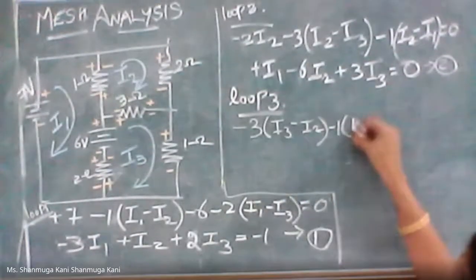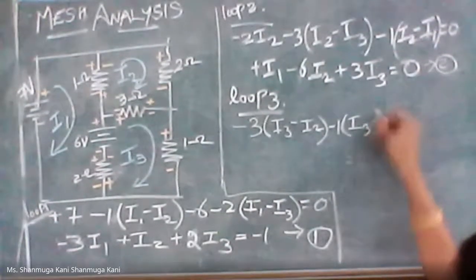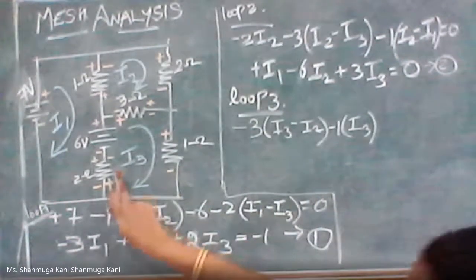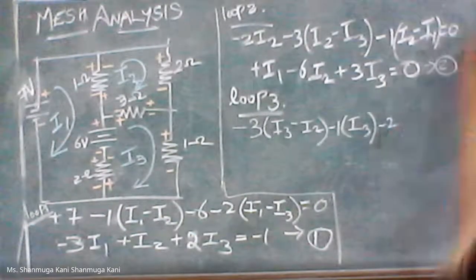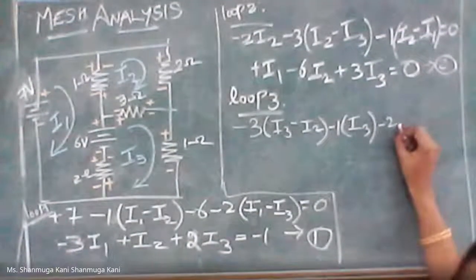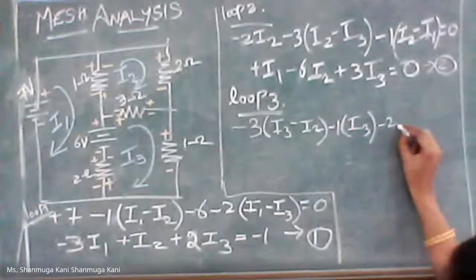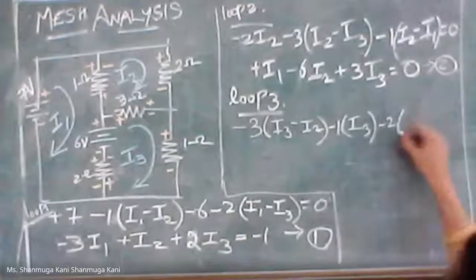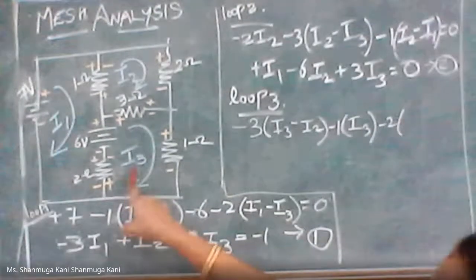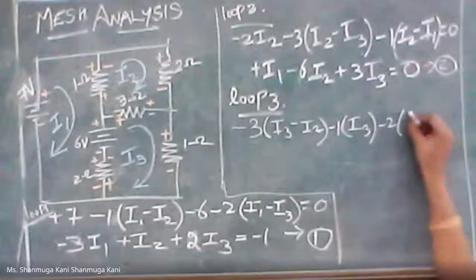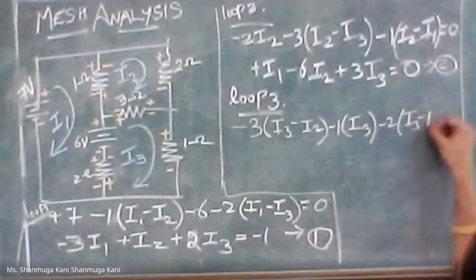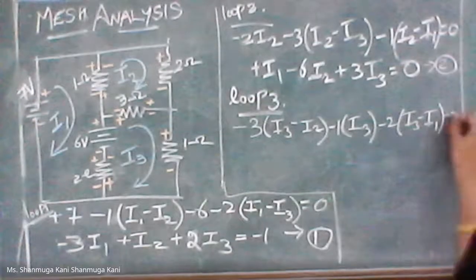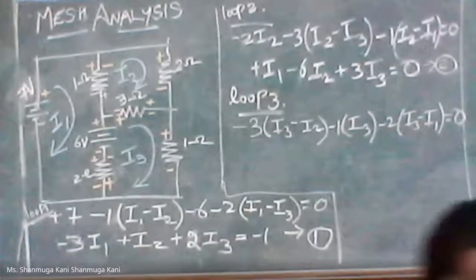And then for this 2 ohm, leaving sign is minus, 2 into, can I say, minus 2 into I3 minus I1, equal to 0.